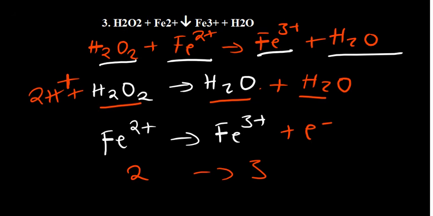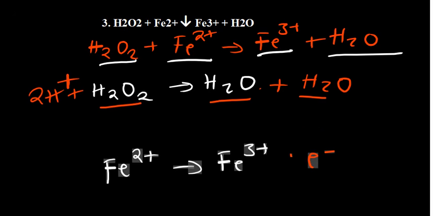How about the first half reaction? We have positive 2 there. There is a zero charge there, there is no charge there, and there is no charge there. So it's 2 to 0, which is a reduction.